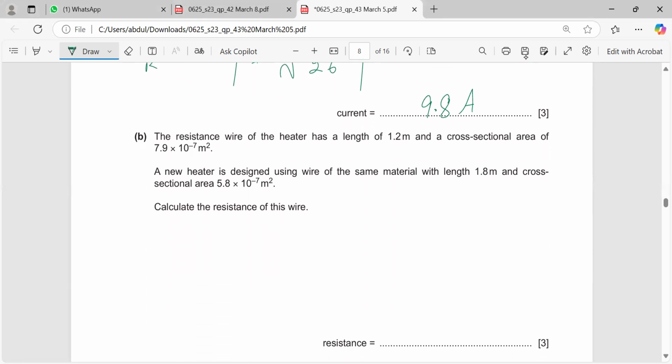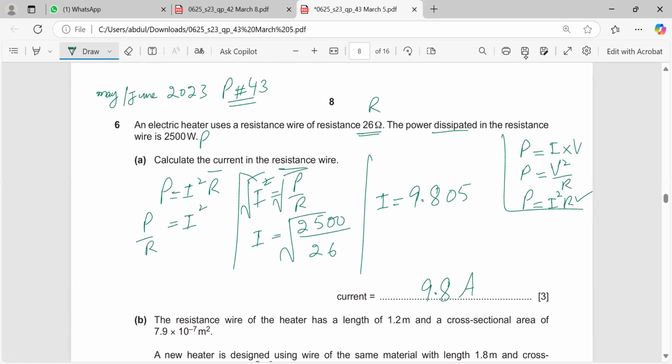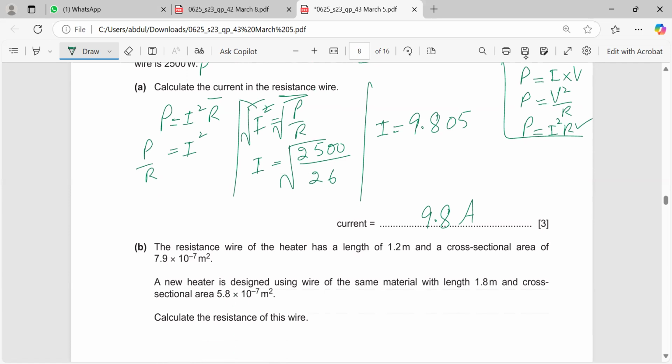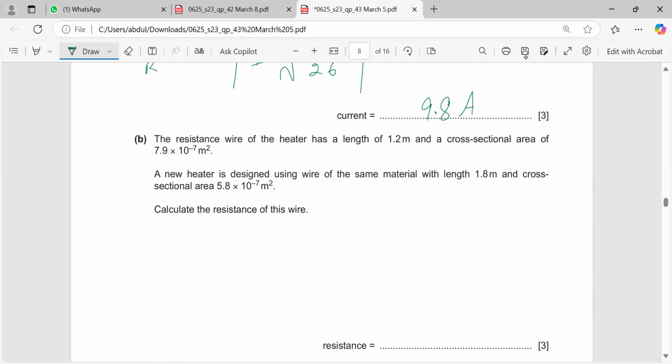The resistance wire of the heater has a length of 1.2 meters and a cross-sectional area of 7.9 times 10 raised to power minus 7 meters square. This is the same wire which has a resistance of 26 ohms, which is being used already in the electrical heater. Now a new heater is designed using the wire of the same material.